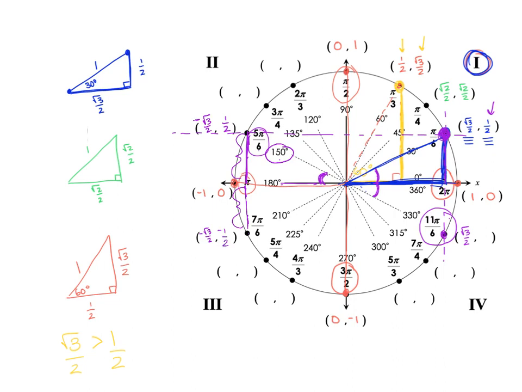It's just negative 1/2. I can again draw that line across here to my 11 pi over 6, or 330 degrees, and I'm going to have that same y value. It's still negative 1/2. So we've already built 3 other of the coordinates outside of quadrant 1 just by using these reflections.